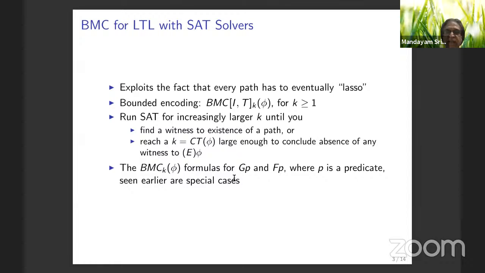As I mentioned, you've already seen the bounded model checking formula for these two types of formula, G p and F p, where p is a predicate, and you will see that these are special cases of the scheme that we will be describing.